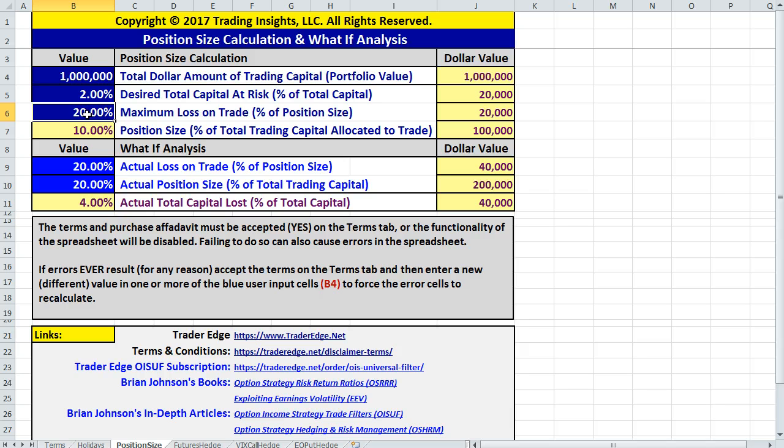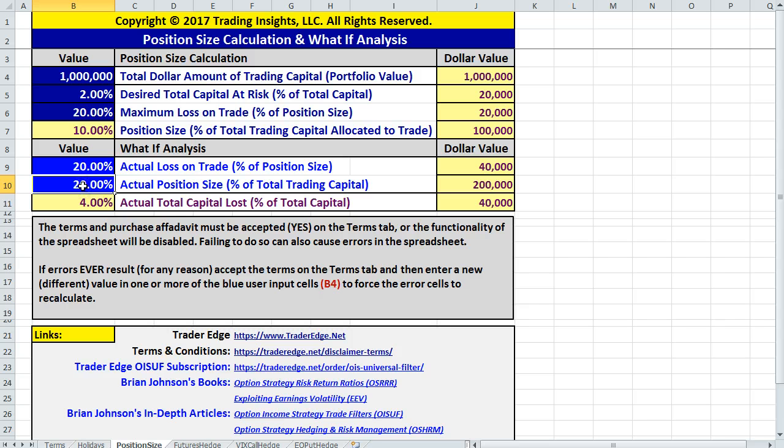Now, the bottom side of the spreadsheet allows us to do somewhat of a what if or hypothetical analysis. So this says that if we incurred a 20% actual loss on the trade, which is, again, consistent with the 20% loss we expected on the trade, and instead of having a 10% position size, we actually had a 20% position size.